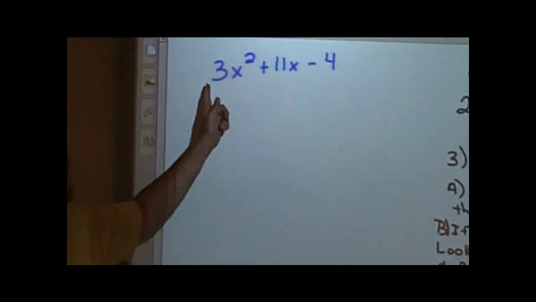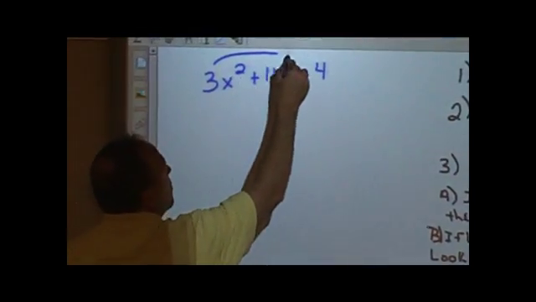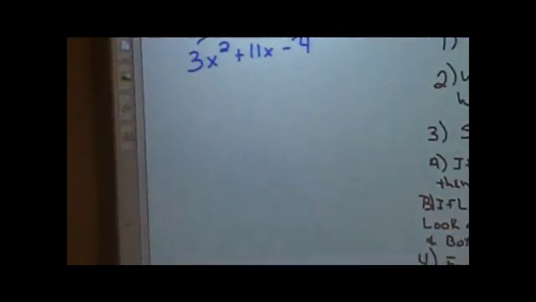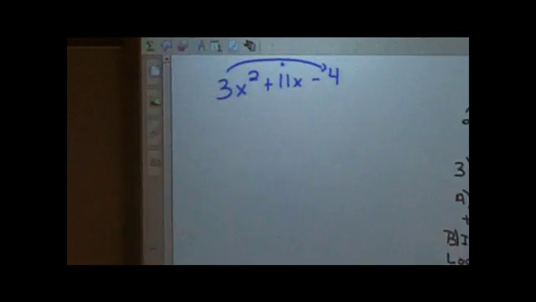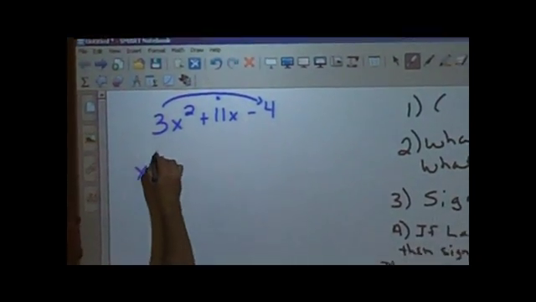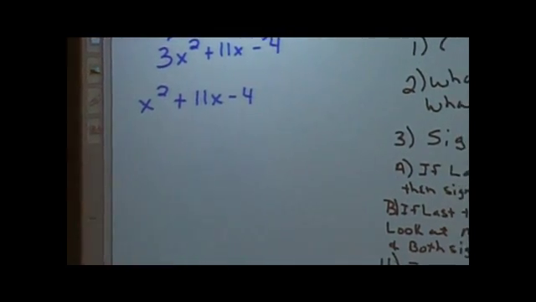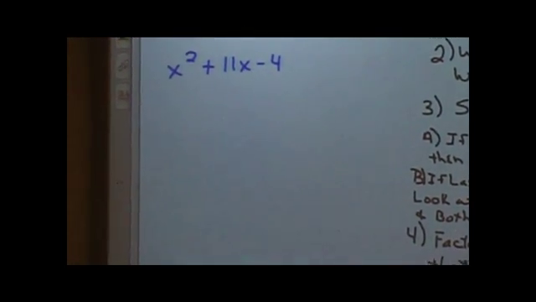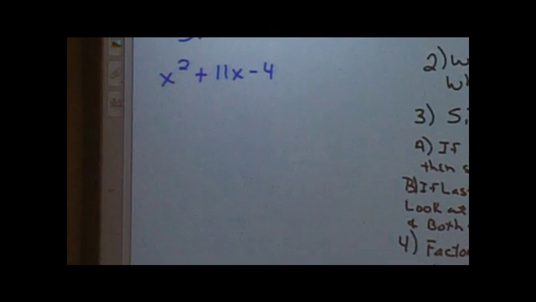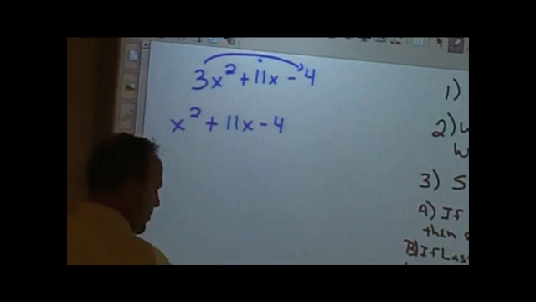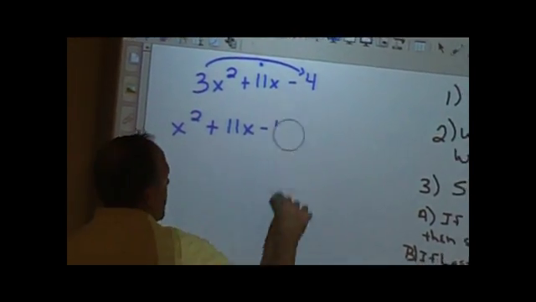Whenever there's a number out front, we take the first number and multiply it by the last number and rewrite the trinomial. So my new trinomial is x squared plus 11x minus 4. Multiply the first number by the last number and rewrite your trinomial. Wouldn't that be 12 then? Yeah, you're right. It would be 12.